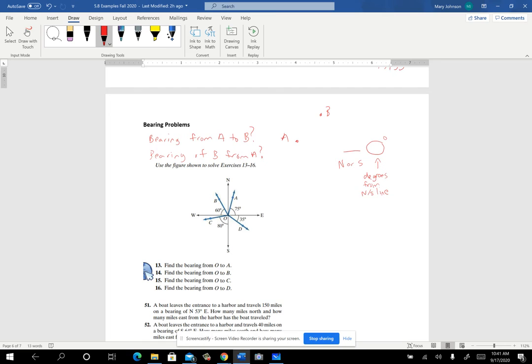So that's degrees from vertical, which is different than you're used to. It's not the degrees from the x-axis anymore. It's the degrees from the north-south line. And then you'll tell somebody whether they need to veer east or west.